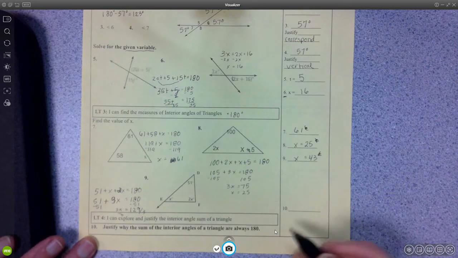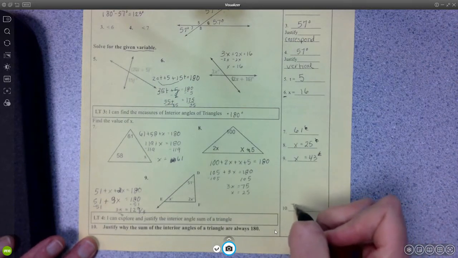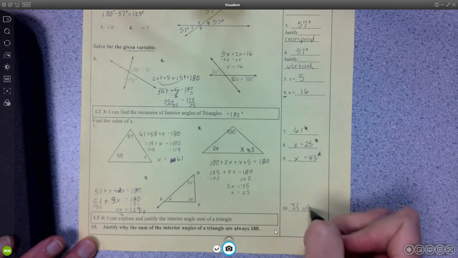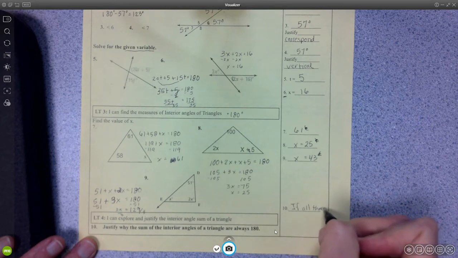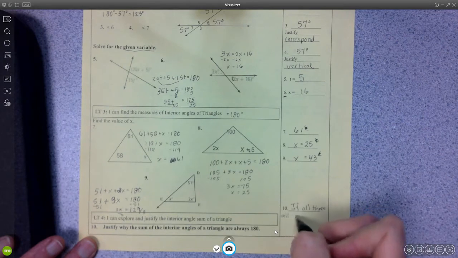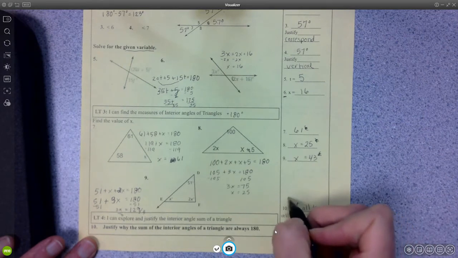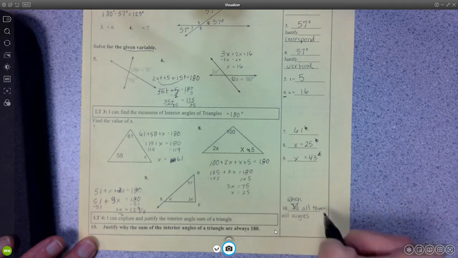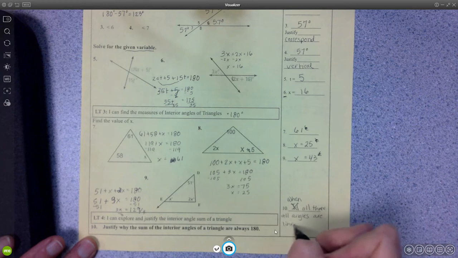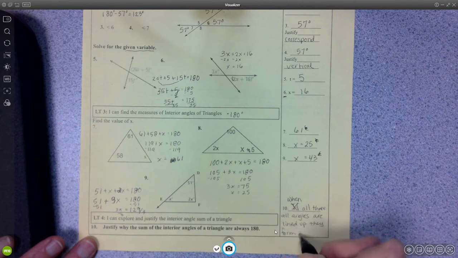When we cut out all 3 angles, actually, I should probably say when all 3 angles are lined up, they form a line.